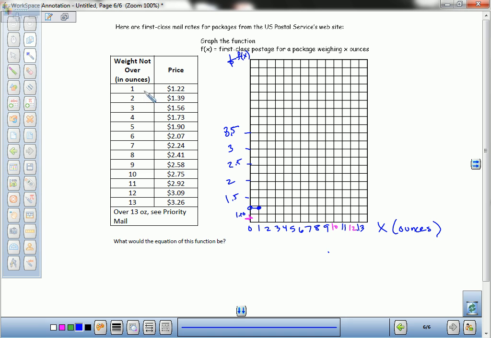And then after 1 ounce, let's say it's 1.1 ounces, they're going to charge us for 2, because this is weight that is not over this. So as soon as we go over, it bumps us up to the next. So the next one will be $1.39. Then the next one will be $1.56. Does that make sense?